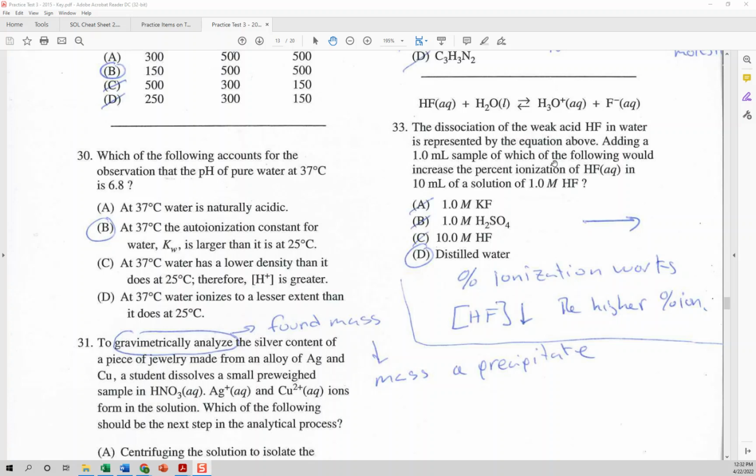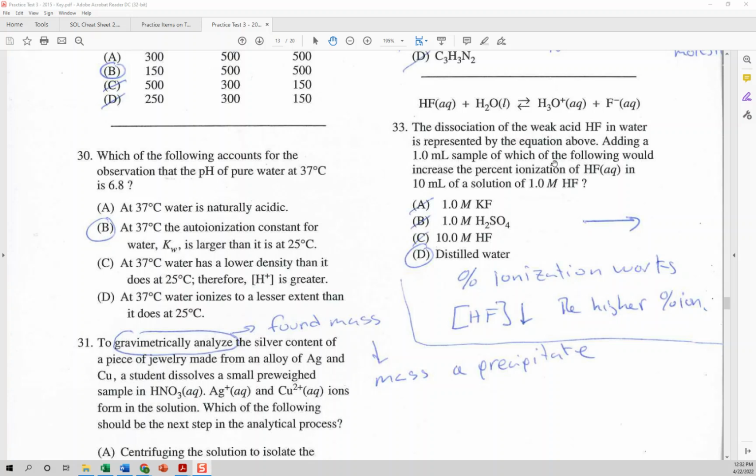So let's understand one thing. The stronger the acid, the higher the percent ionization. But also, if you do the math with different acids with the same Ka value, you'll notice that as the concentration of the acid increases, the overall percent ionization decreases. As the concentration of the acid decreases, percent ionization will increase.